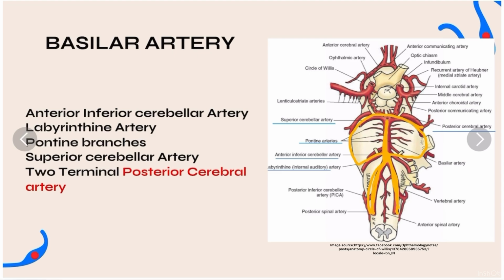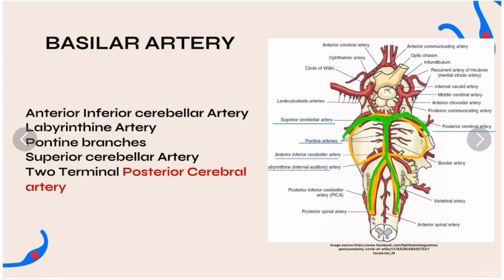In that it lies and it has a very short course, and at the upper border of the pons it divides to form the terminal branches, that is the posterior cerebral arteries that contribute to the circle of Willis. So the vertebral arteries join together to form the basilar artery, and at the upper part of the pons it divides into two terminal branches, that is the PCA, the posterior cerebral artery.